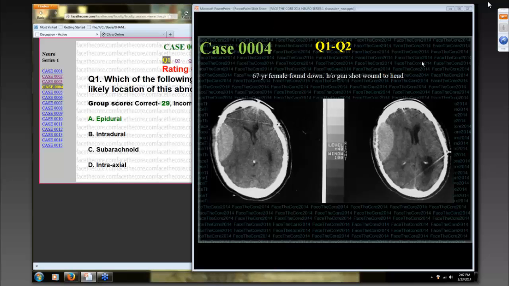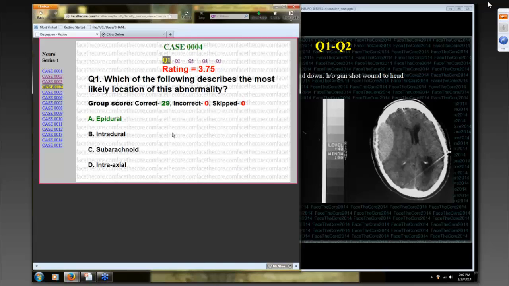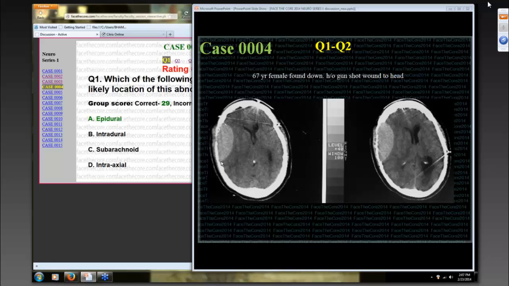You can see at first go that there is a huge biconvex lesion looking like an epidural lesion, which in fact is the right answer as to the most likely location of this abnormality. You see that biconvex or lens-shaped large hyperdensity with a significant mass effect on the underlying brain, and so the location of this lesion is extradural.